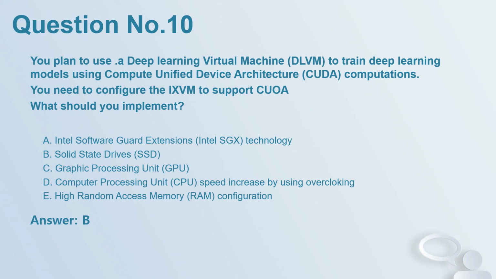B. Solid-state drives (SSD). C. Graphic Processing Unit (GPU). D. Computer Processing Unit (CPU) speed increase by using overclocking. E. High Random Access Memory (RAM) configuration. Answer: B.